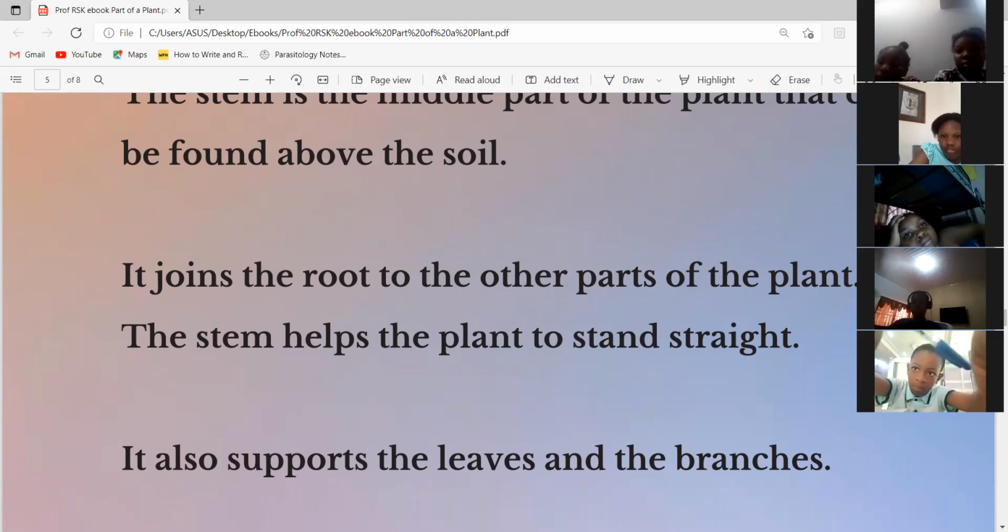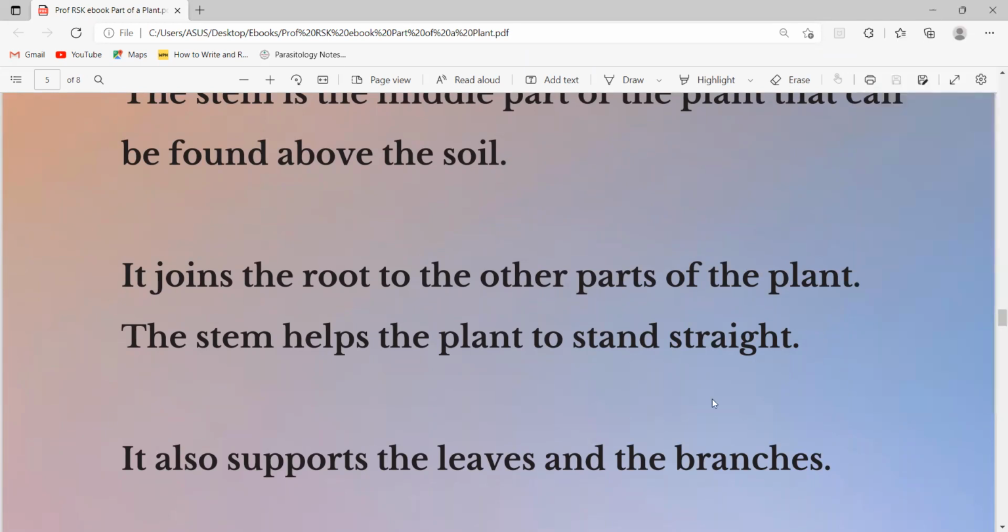Basically, if the stem is weak, the plant cannot stand straight. We have discussed the groups of plants, and we looked at creepers and climbers, and we understood from that class that creepers only crawl on the floor. Climbers climb.